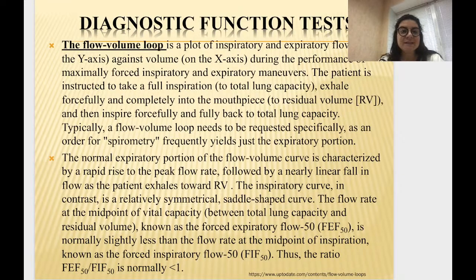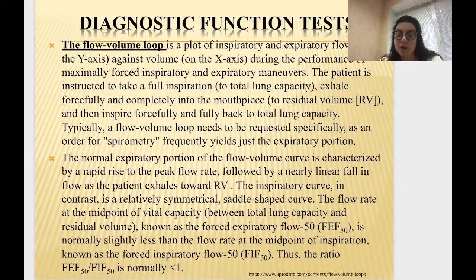The patient is instructed to take a full inspiration to total lung capacity, exhale forcefully and completely into the mouthpiece to residual volume, and then inspire forcefully and fully back to total lung capacity.